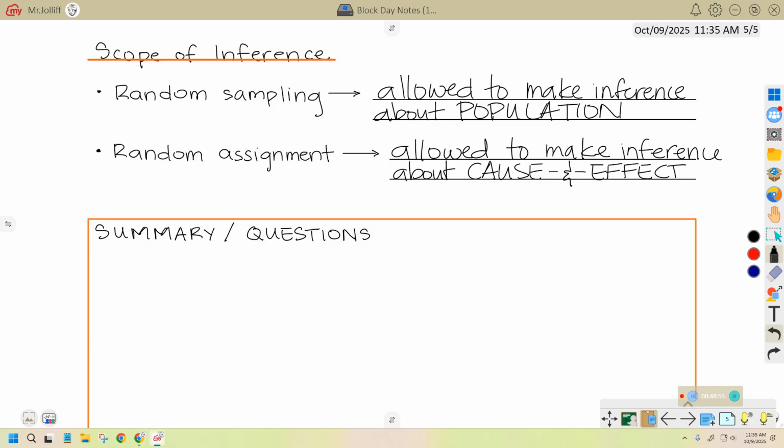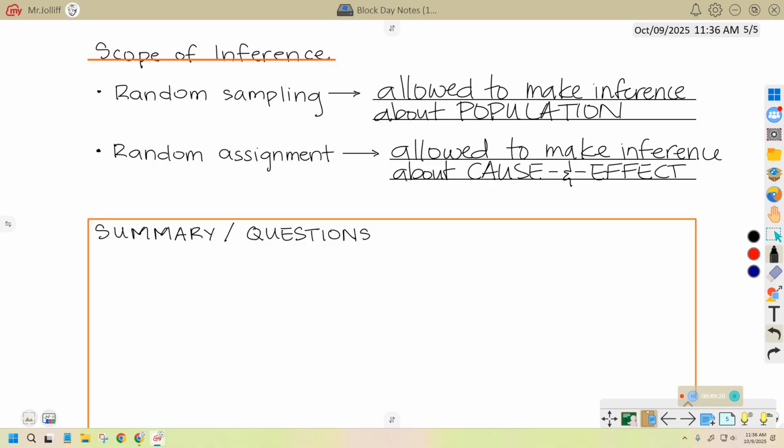So random sampling allows me to generalize my results to the whole population. Random assignment allows me to make statements about treatment causing result. Ideally, if we're doing an experiment, we have both. We would randomly select the subjects for our sample, and then we would use random assignment to split them into treatment groups.